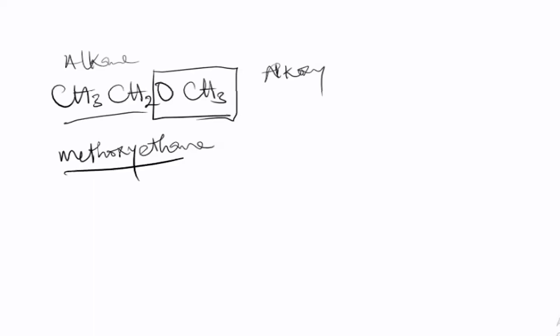So now notice that this is written together and not this way, methoxy ethane with a space. This is wrong. So this is how we should write this. Alright, so let's go ahead and see further examples of alkoxy groups. So before that, let's look at the second rule.